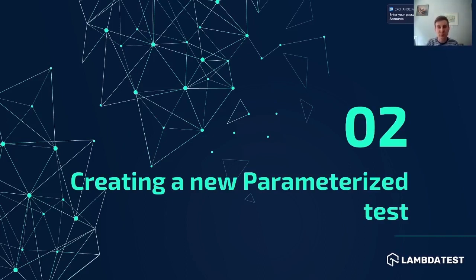There's several different packages that we could install which allow us to utilize parameterization and additional functionality in order to enhance our tests. Now, in this video, I'm going to use a simple approach using Mocha and JavaScript only. I'm not going to be installing any additional third-party packages.